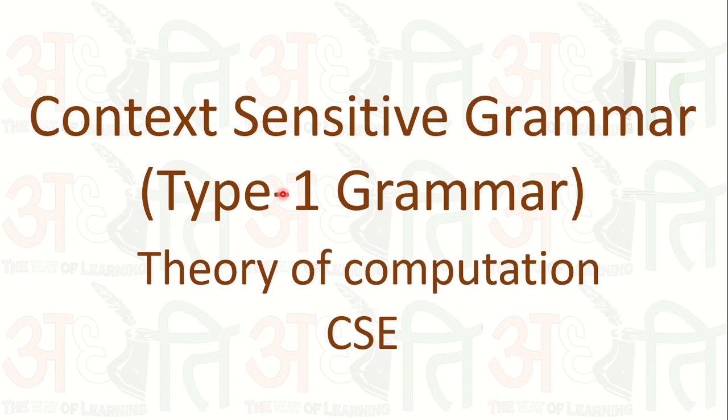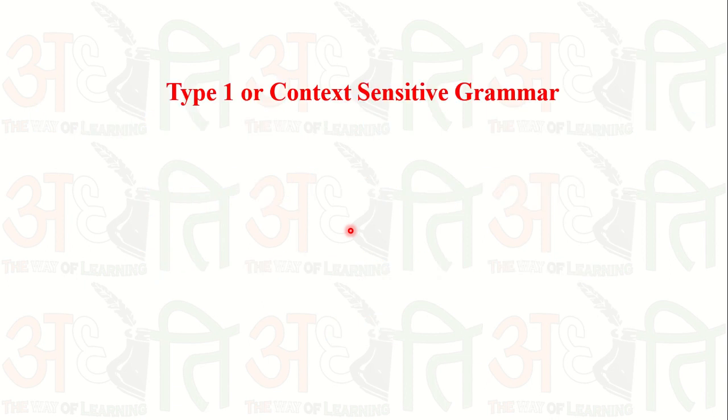We already know that the context sensitive grammar is known as a type 1 grammar. Regular grammar is type 3 grammar, and context free grammar is known as a type 2 grammar, and context sensitive grammar is known as a type 1 grammar.